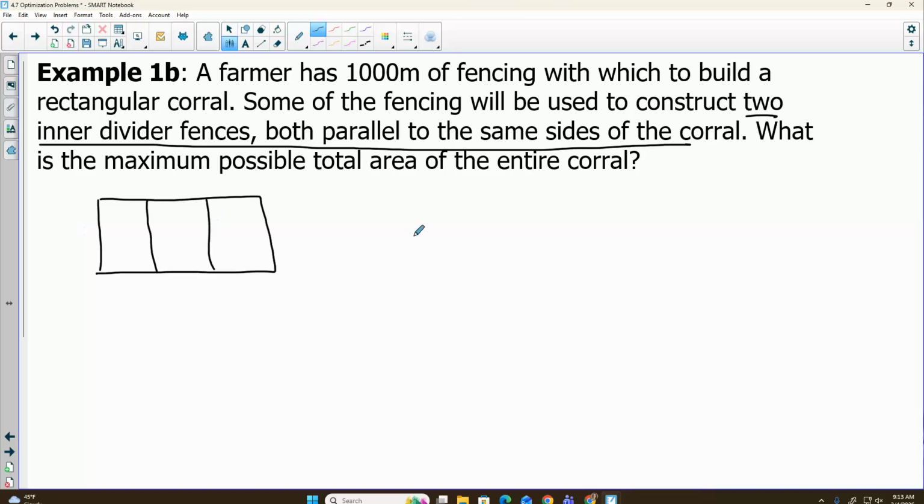All right, if I just label these with x's and y's for a moment, am I putting fence on all the sides this time? Yeah. So I could call these x and these y. Let's figure out what y is. We have 1,000 meters of fencing, so what should we do?